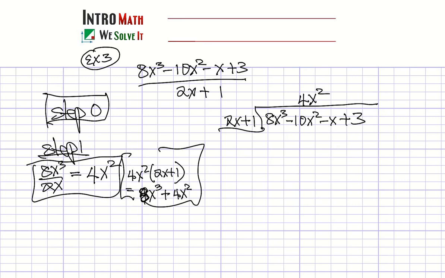So you're going to subtract it, put it here: 8x cubed plus 4x squared, like that. You subtract it. I want people to be able to read what I'm writing.